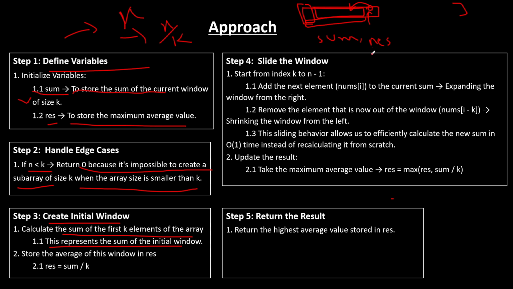If we had started directly from zero, for example, instead of doing this, and made just one loop without calculating the result of the k size window beforehand, then the scenario would be like this: I starts from here and k is somewhere here, right?